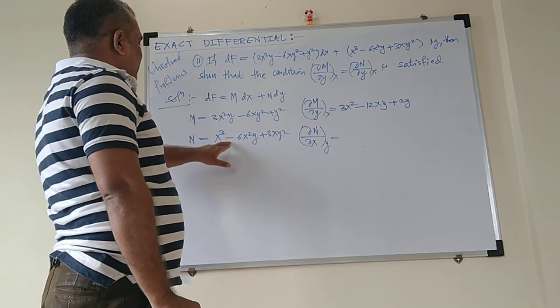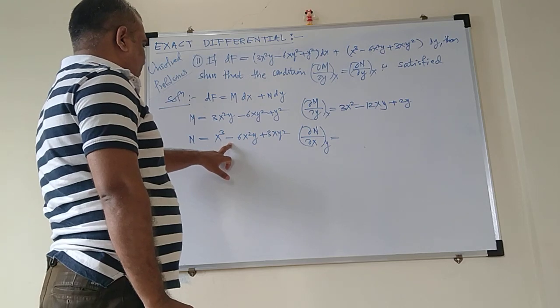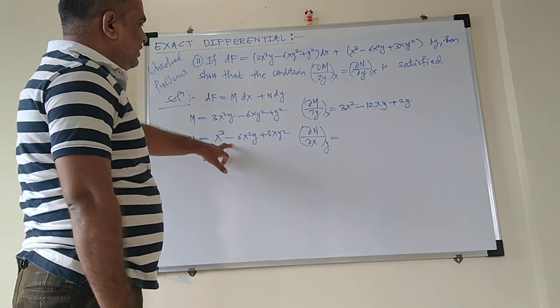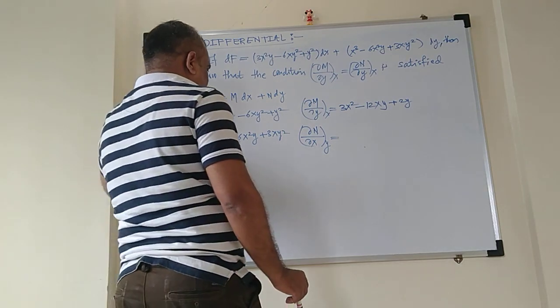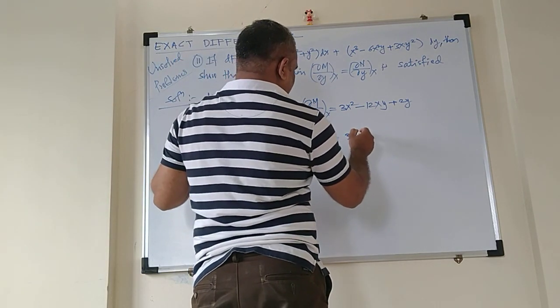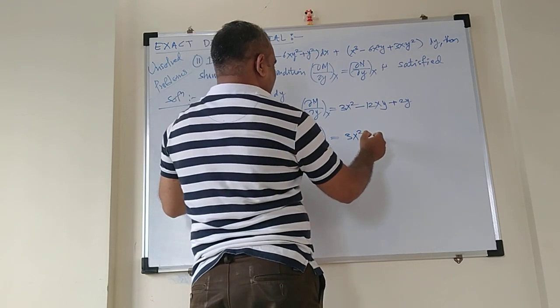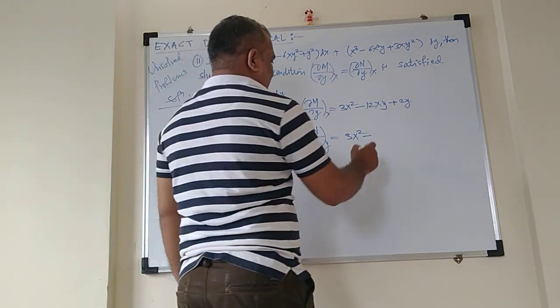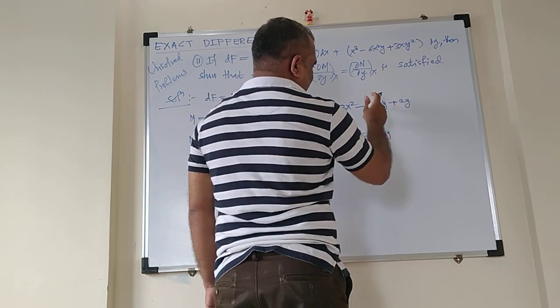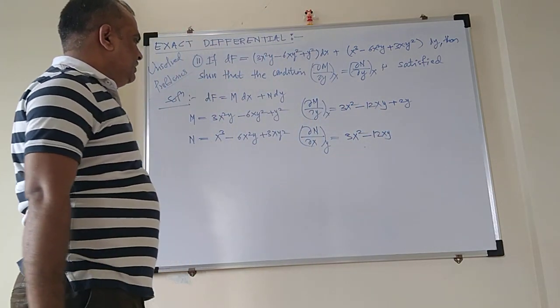Similarly, differentiate this n with respect to x and consider y as a constant. So differentiation of x cube with respect to x will be 3x square minus differentiation of second term with respect to x will be 12xy plus two terms we got the same. Let us see the third one.